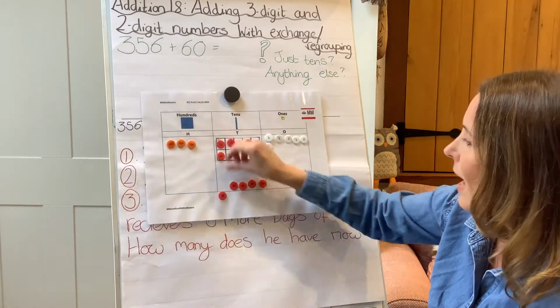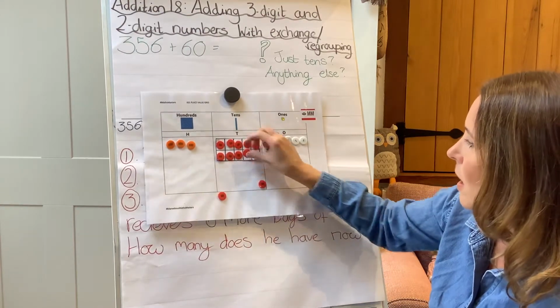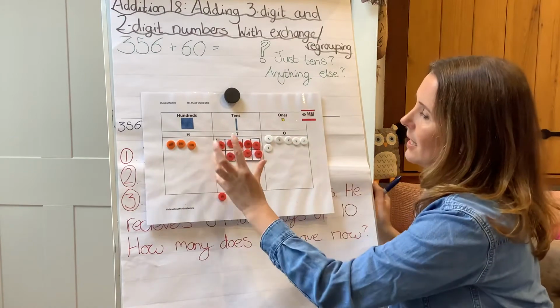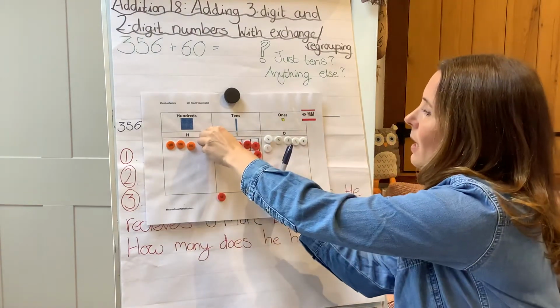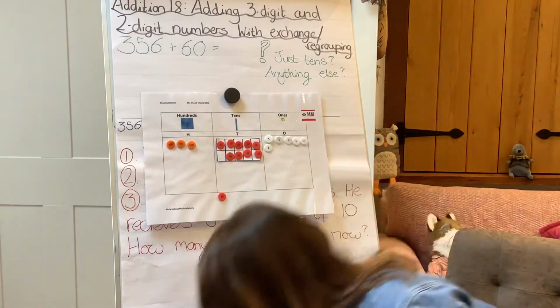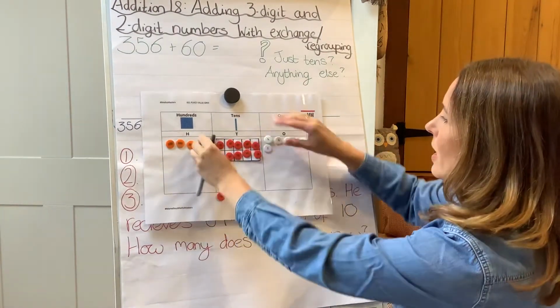So I'm going to put 5 of those on, I'm going to add 50 on, and that's going to make 10 tens, so this tens frame is now a 100 frame. 10 tens is the same as, oh, I'm losing a 10. 10 tens is the same as 100.